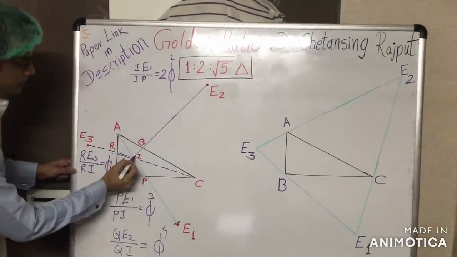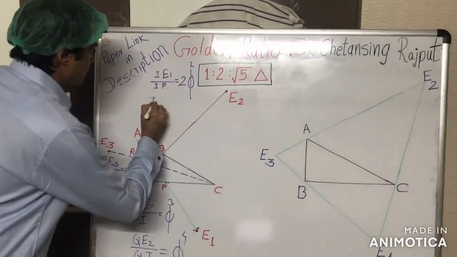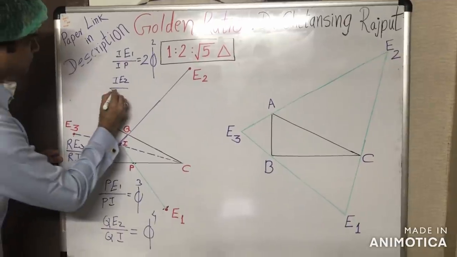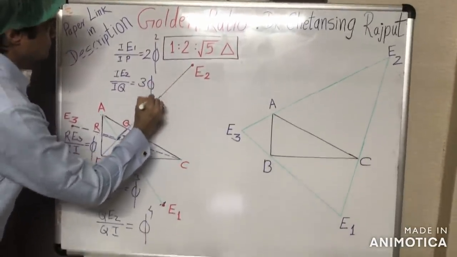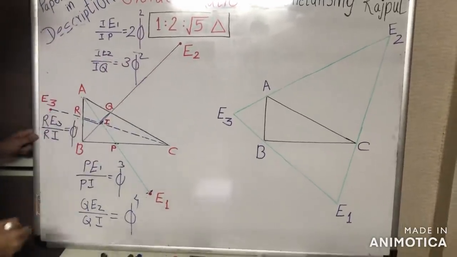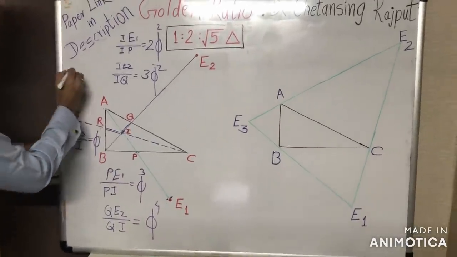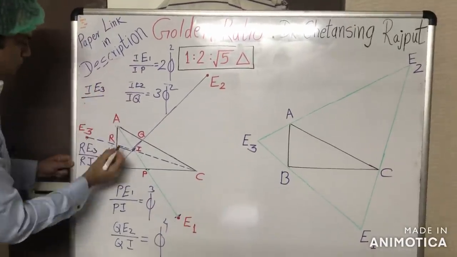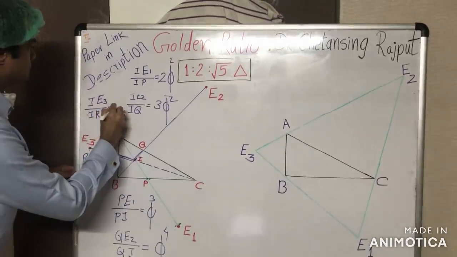Okay, similarly, distance between in center and this X center I E2 upon this I Q. This is precisely thrice the square of golden ratio. Okay, and similarly, distance between in center and third X center I E3 upon this distance I R. This is phi square.